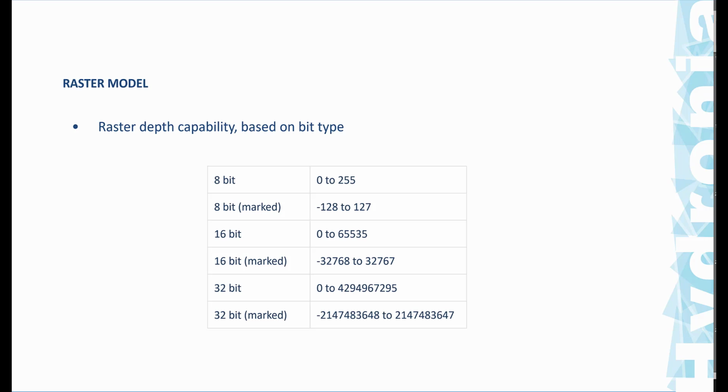Another important parameter to consider is the type of bit used to implement a raster file, and this is the parameter by which the raster stores information. The range of values that the cell can store will depend on this parameter.